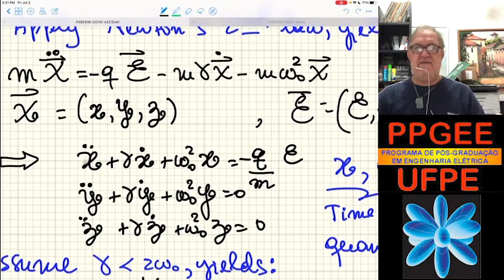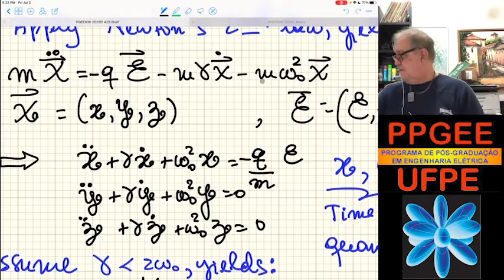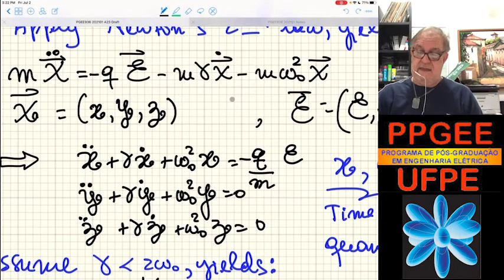Second derivative of the x coordinate, plus gamma times the x coordinate derivative, because it goes to the left-hand side, plus omega 0 squared, then we divide everything by m. Then we have minus q over m times E. That's for the x direction, right?